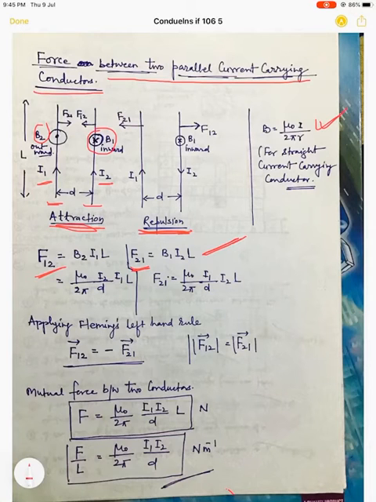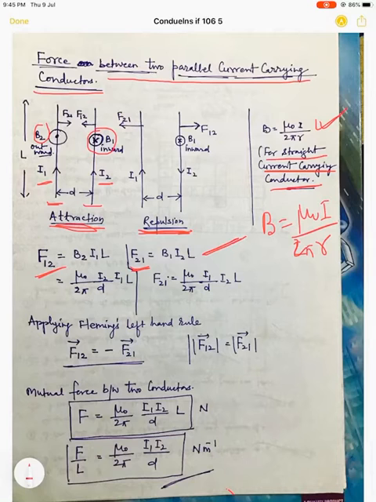And as we all know, the magnetic field because of a straight conductor is given by B equals mu naught I upon 2 pi r. So we will simply put the value mu naught upon 2 pi, I2 upon d, because d is the distance between these two.